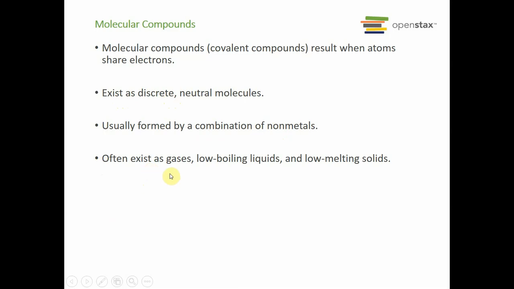Often exist as gases like water, low boiling point liquids, water, and low melting solids like ice. But not always. I mean, sugar does melt, but it usually reacts with oxygen and chars before it boils.